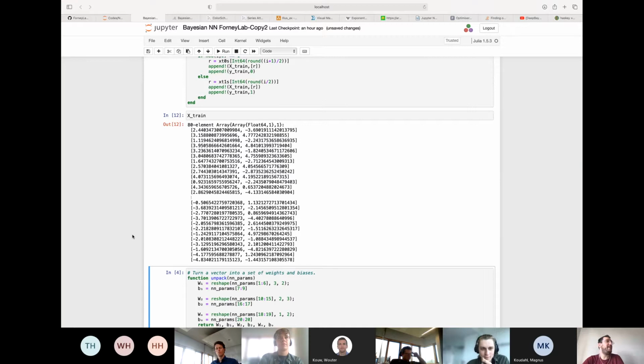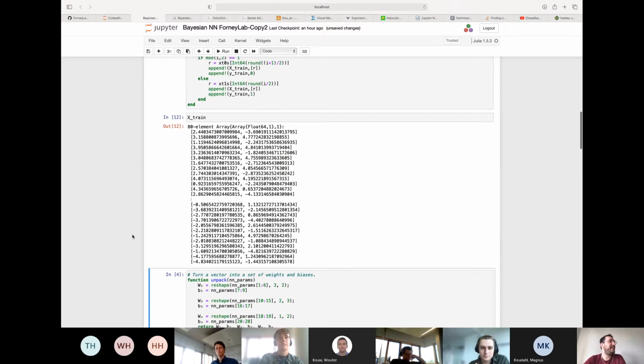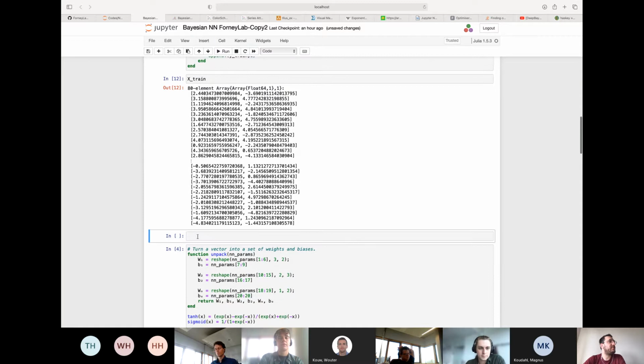Maybe it is good to show the training data, the features and output of the data. You see that these are the features we are going to use, and each vector here refers to the features of one data instance. For example, this is the feature vector for one data instance, this is the feature for the second instance, third instance, it goes like that.